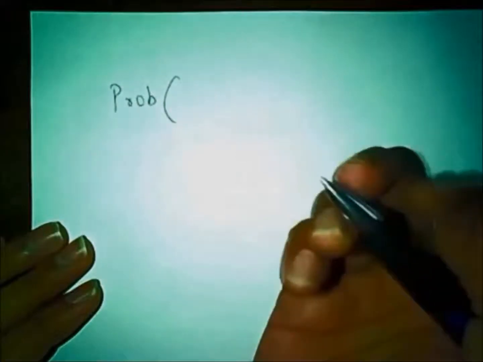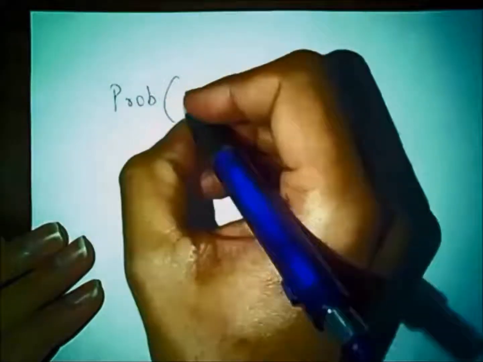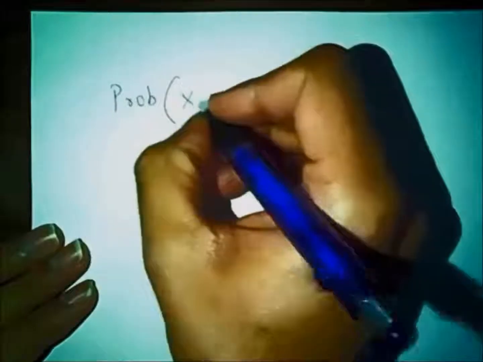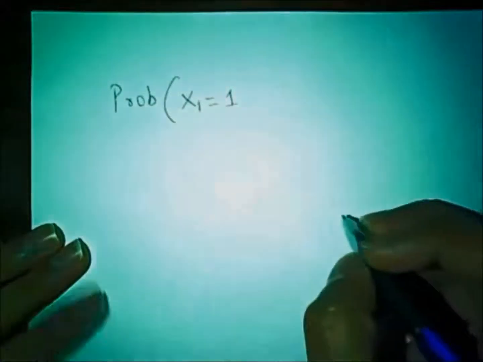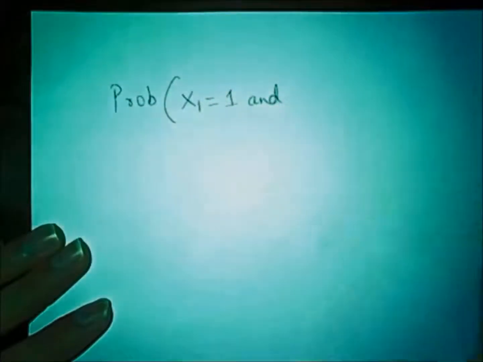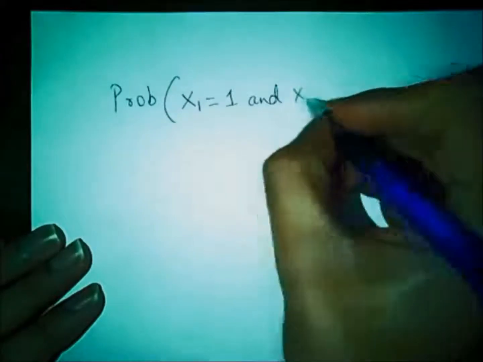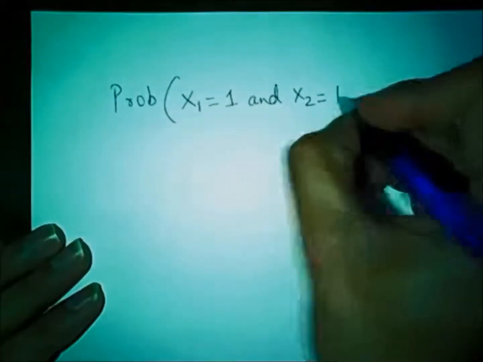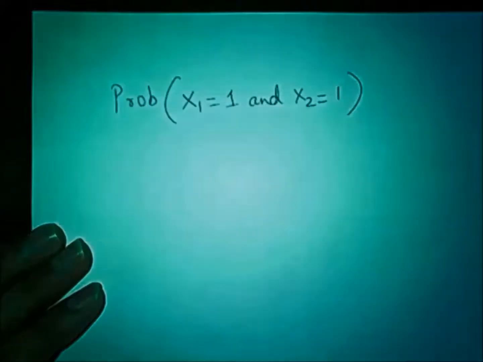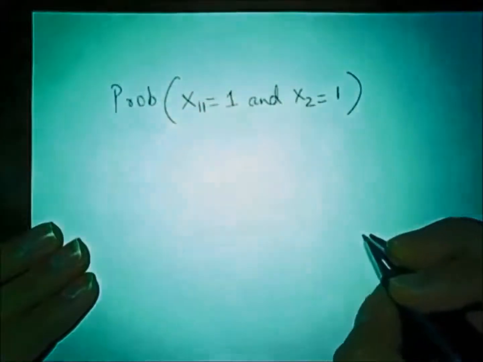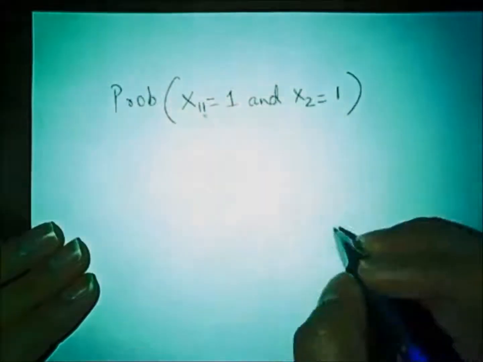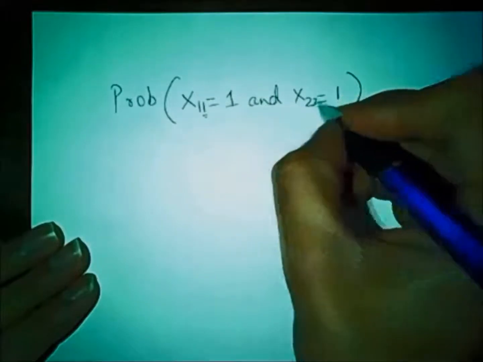So if I want to calculate the probability with which I get 2 on the first throw, which means I get x1 equals 1 and I get an even number on the second throw, x2 equals 1. So let me also denote that this happened first by adding another number here. So this would be the first throw and this would be the second throw.